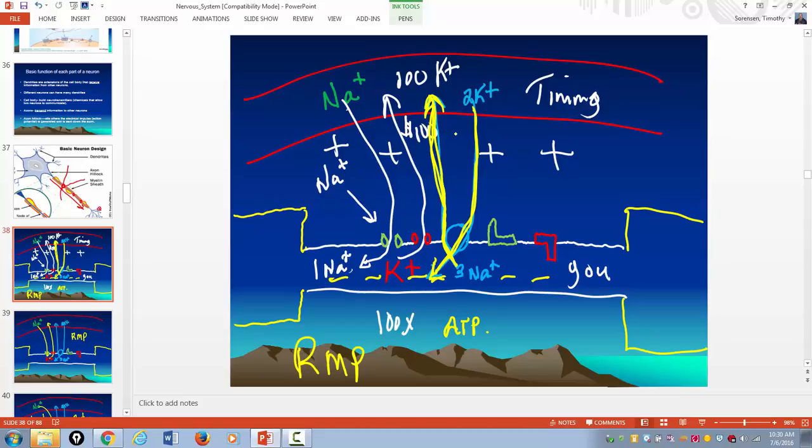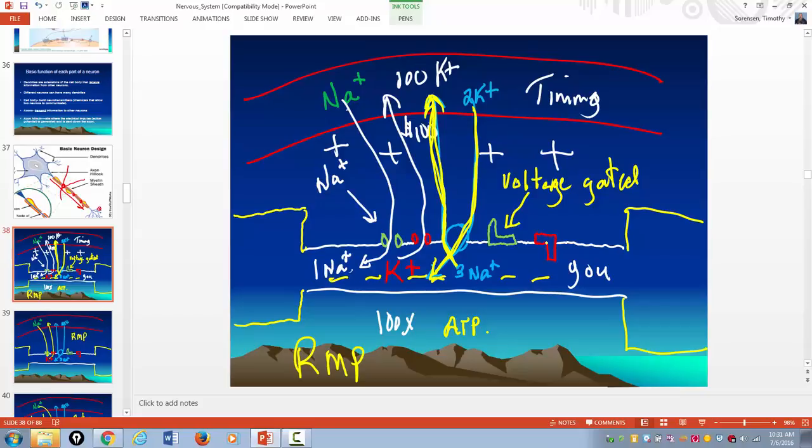So you see these other things in here that look like, I don't know what they look like, but anyways, these guys right here are what are referred to as voltage gated channels. Now, as the name implies, you've got a sodium voltage gated channel and a potassium voltage gated channel.